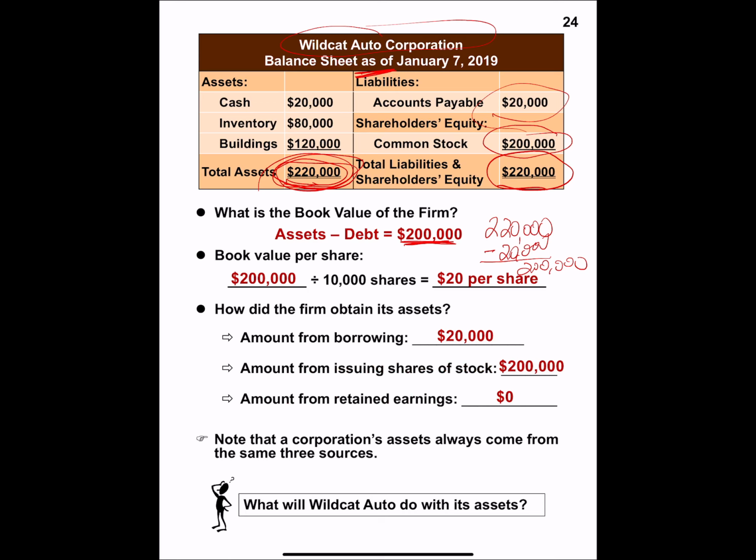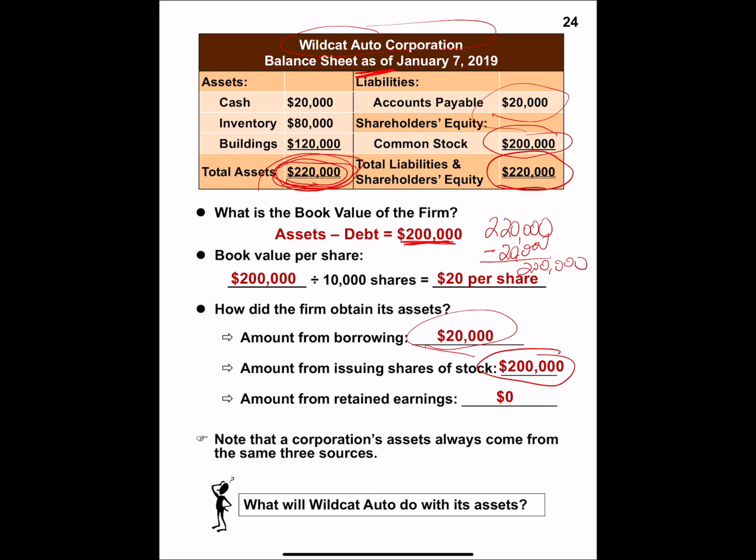So there is the source of their assets: $20,000 from borrowing, $200,000 from issuing stock, and nothing from retained earnings. It will always be those three sources of assets that you need to understand: borrowing, issuing shares, retained earnings. Always the same ones.